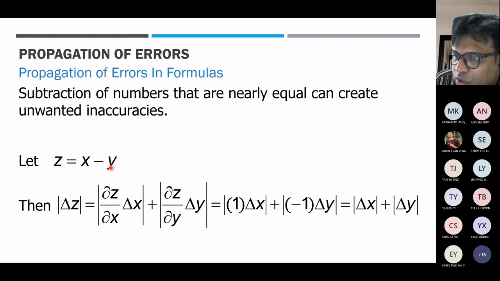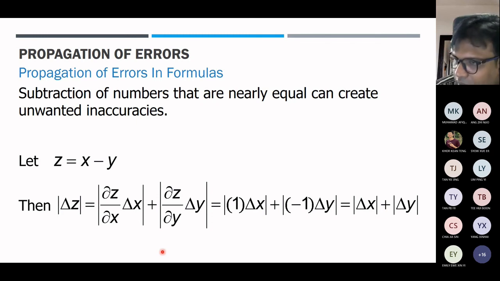If you differentiate the x element, you get 1, and if you differentiate the y element, you get -1. If you substitute into the function, with the absolute signs, you get the absolute value of delta x plus the absolute value of delta y, because this leads to error terms, which is called unwanted inaccuracy.